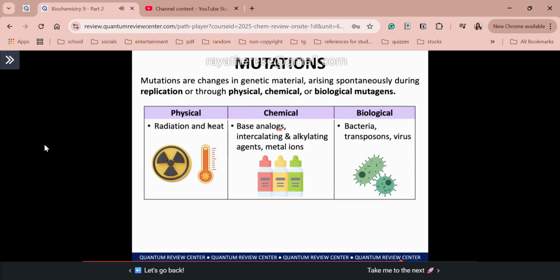Ayun. So for intercalating and alkylating agents, so class, familiar with your ethidium bromide in your biochem lab. So of course, we do it for staining, diba? But of course, it's a mutagen, a chemical mutagen. That's why it's now being inhibited or not allowed in your laboratories.